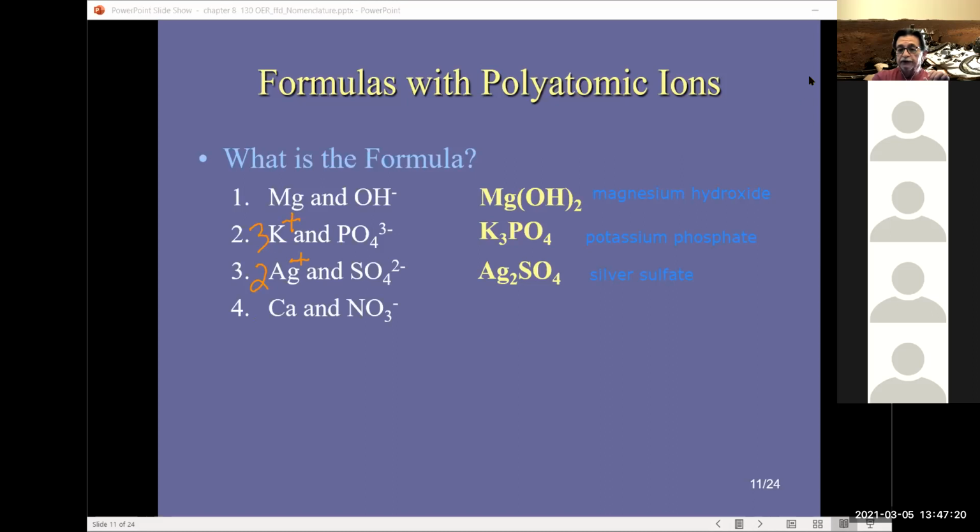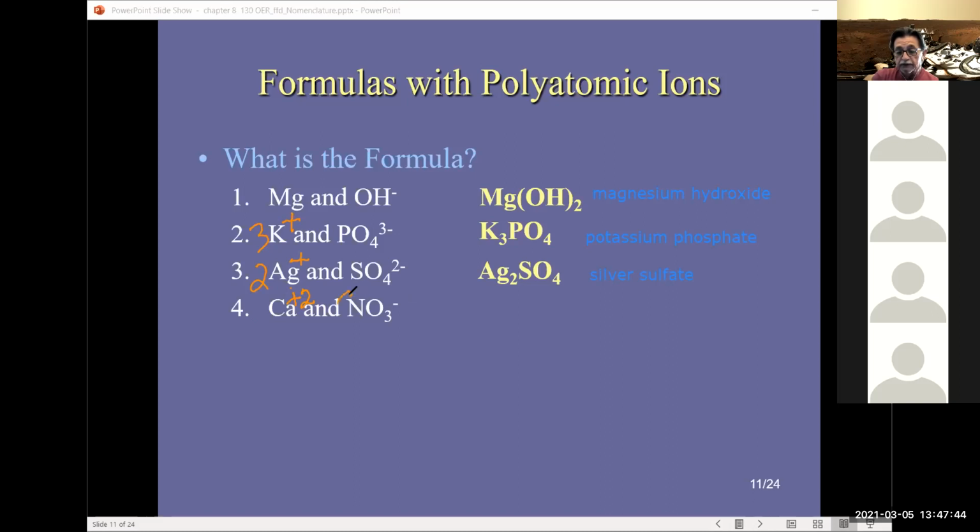There we go, calcium nitrate. Okay, well, what do we know about calcium? Calcium is in group 2, so the calcium ion is +2. Now we can see that the nitrate is a -1.